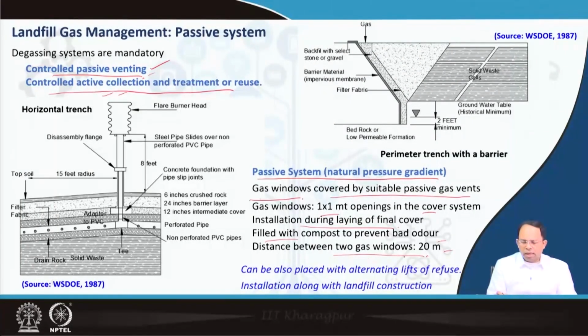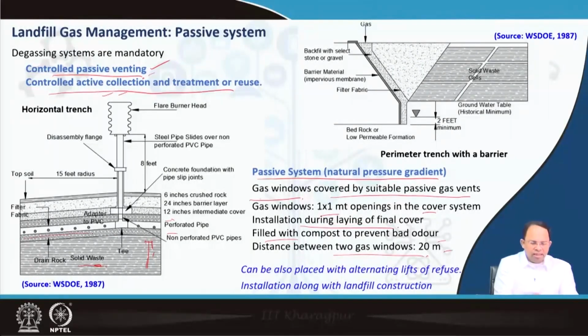So we can fit this kind of gas window inside, and as you can see over here, we have the solid waste, the layers, the cells, you can say. Above that, we have this gas collection layer. We have shown this in the design of the final cover, that there is a gas collection layer.